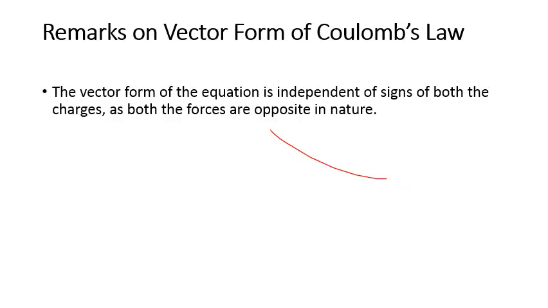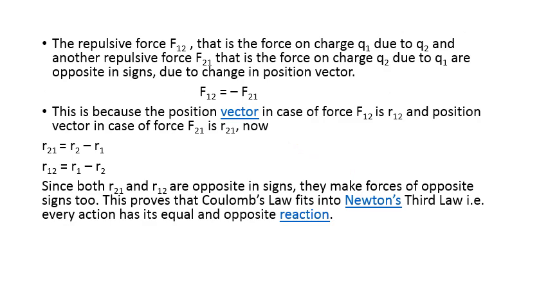The vector form of the equation is independent of the size of both the charges, as both the forces are opposite in nature. The repulsive force F12, that is the force on Q1 due to Q2, and the other force F21, the force on Q2 from Q1, are opposite in sign due to the change in position vector. And so F12 is equal to minus F21.